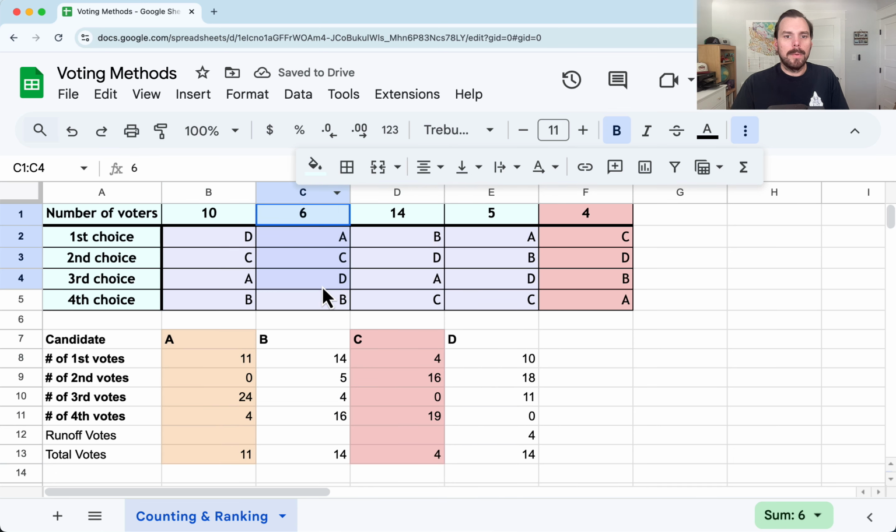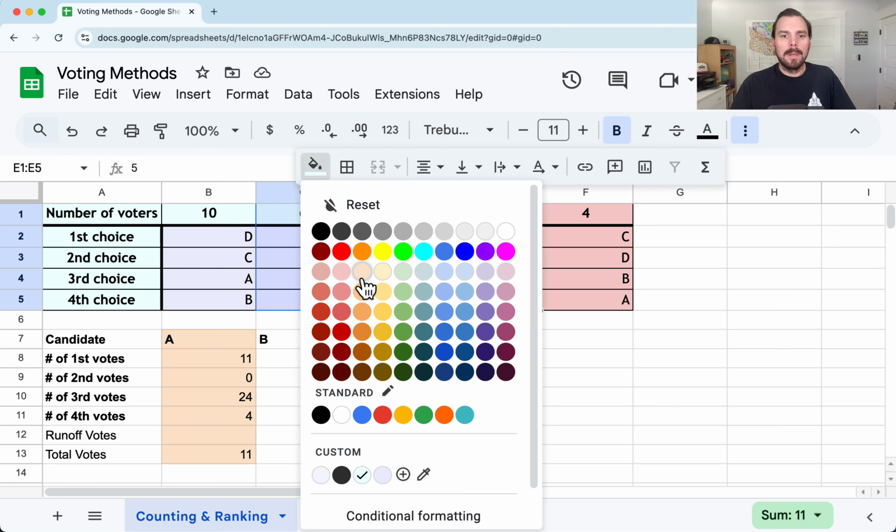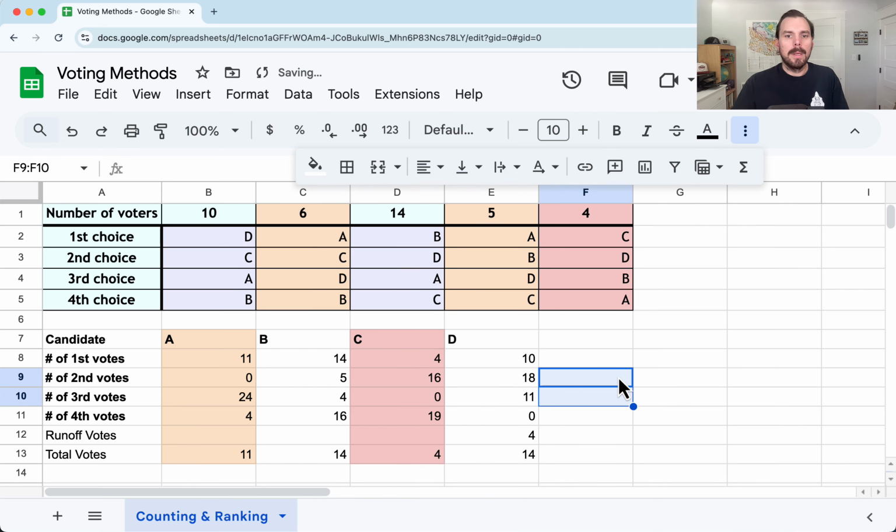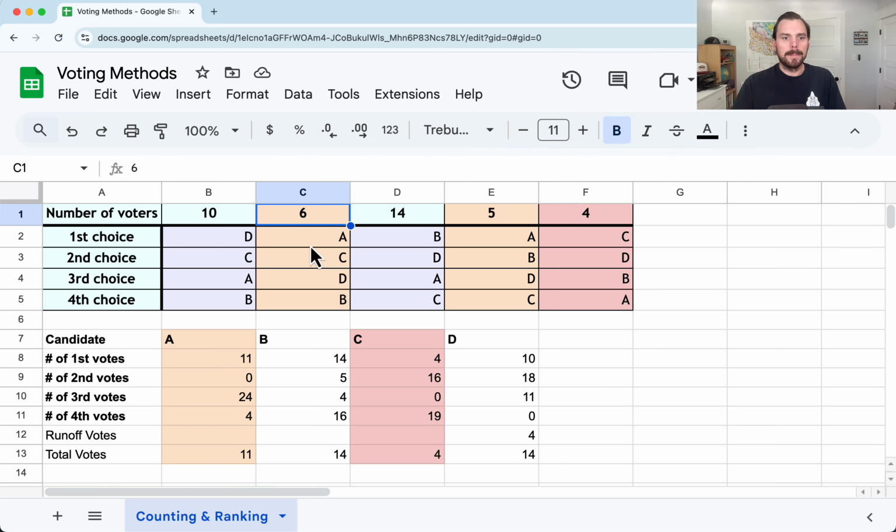Here in both column C and column E, just holding Command or Control to multiple highlight, we get those 2 columns. Starting with these 6 people, their candidate A was eliminated. Their second choice C was also eliminated.